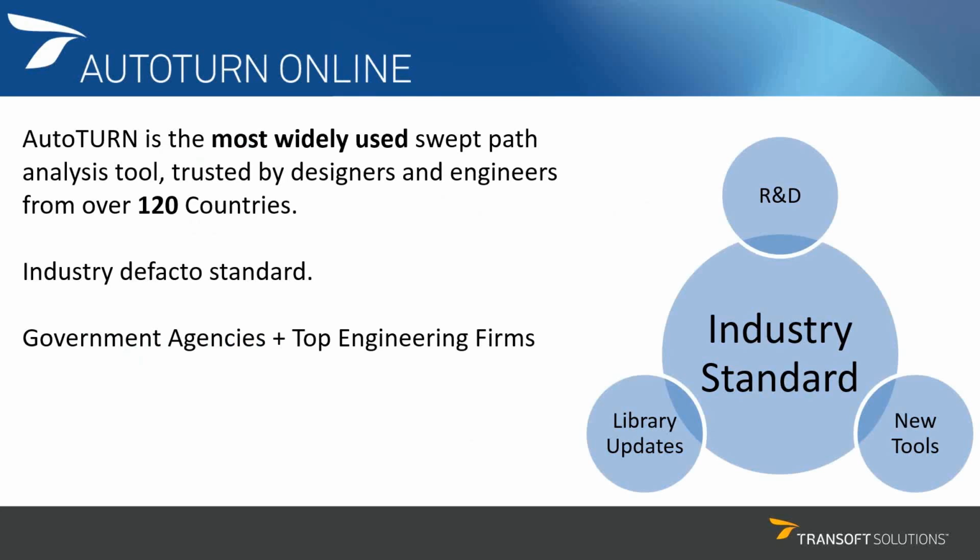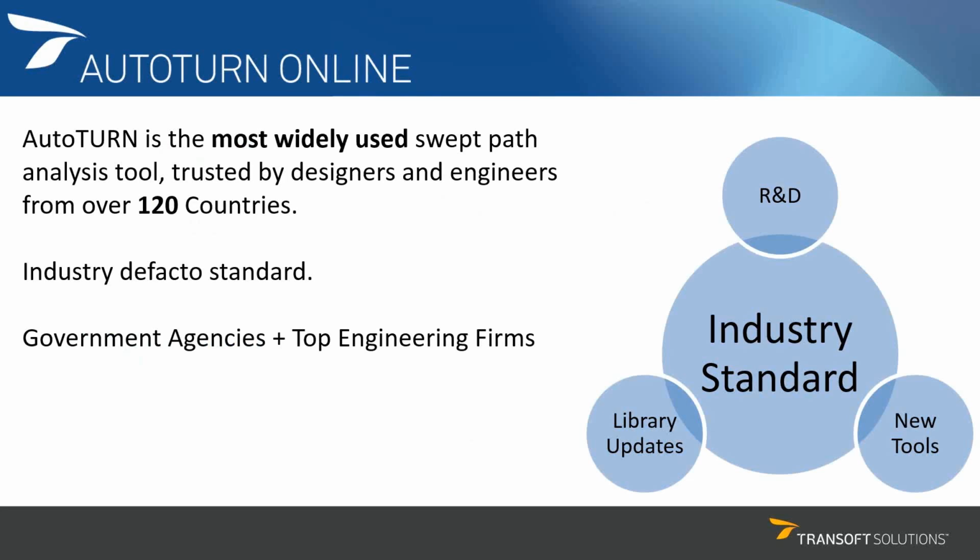As you can see, swept path analysis is a specialized field that no other company has put as much effort and care into as Transoft. Without reaching critical mass like us, it does not make business sense to sustain such a specialized topic. This is what sets AutoTURN apart.